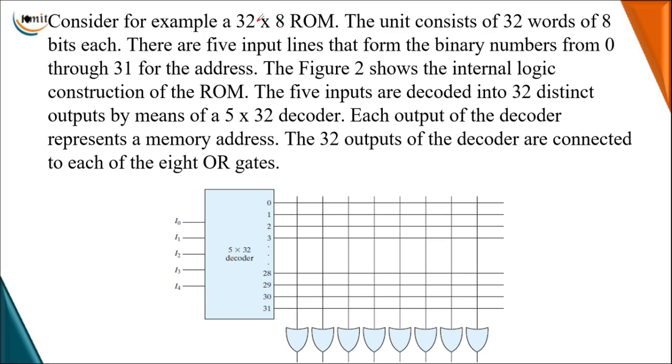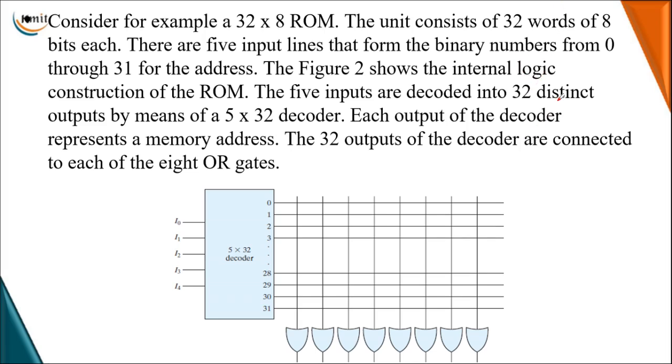In order to locate one of the memory words, 32 can be written as 2 power 5, so the total number of address lines required is 5.